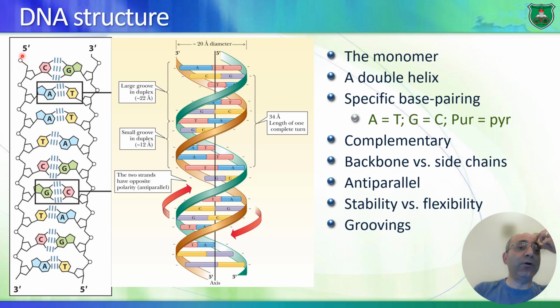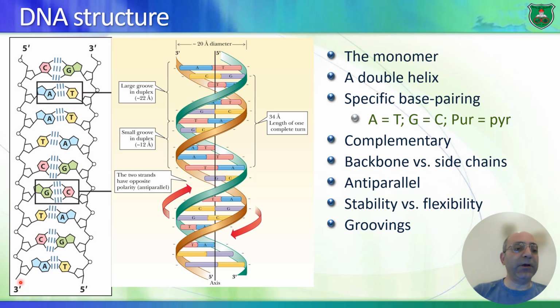The phosphate group, this one right here, is connected to carbon number 5 of the sugar. So we say that this is the 5 prime end. At the other end of the strand, the sugar has a free carbon number 3, which we call the 3 prime carbon.